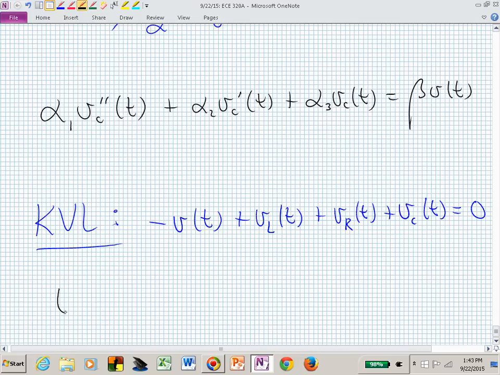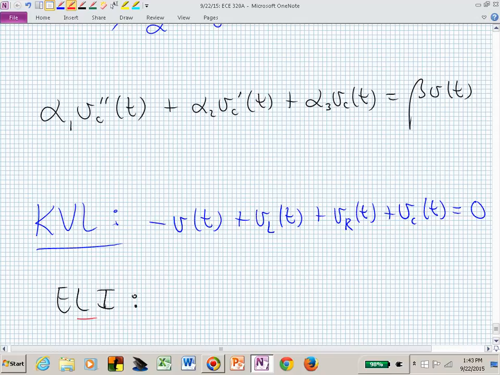Now, you found KVL. What about Eli? Eli is going to allow us to find the current I and the voltage E relationship on that inductor. And the order is important. We have V first, then we have the element L, and then we have the next variable, and we differentiate that second variable.